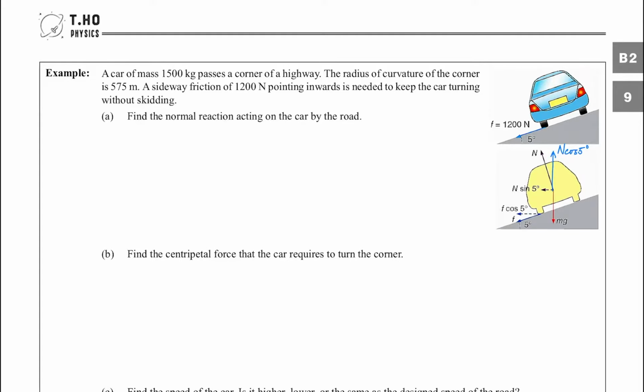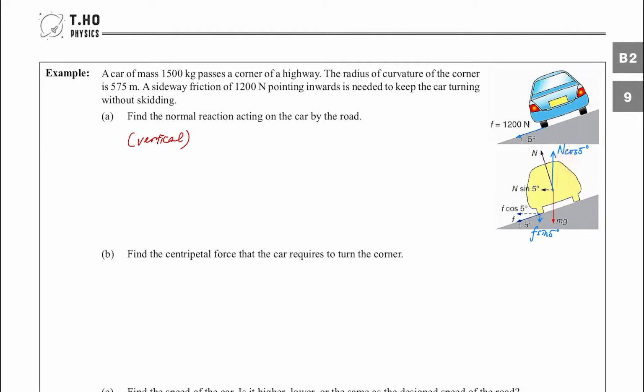And also we are going to resolve the friction into the horizontal component F cosine 5 degree and the component which is vertical given by F sine 5 degree. Now, let's write an equation by considering the vertical components.